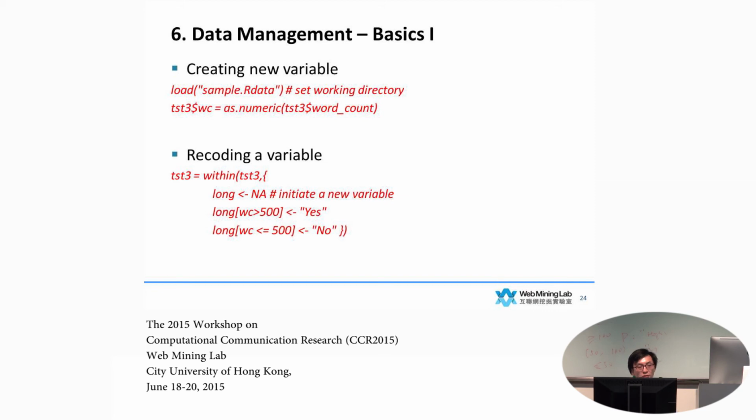We can use it to see the column names, the variable names. We use colnames to check the variable names. The first is the ID. Actually, the data is collected from the New York Times, and I will tell you how to collect this data tomorrow afternoon. Now we'll just use this one.